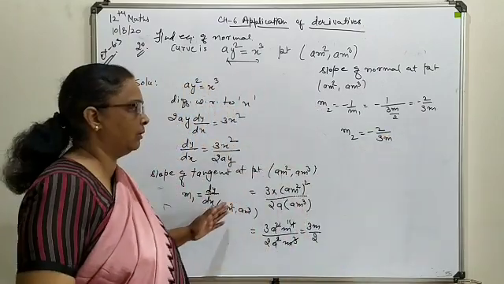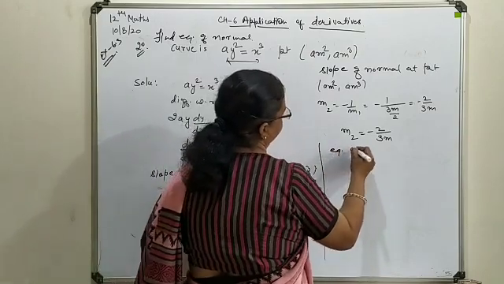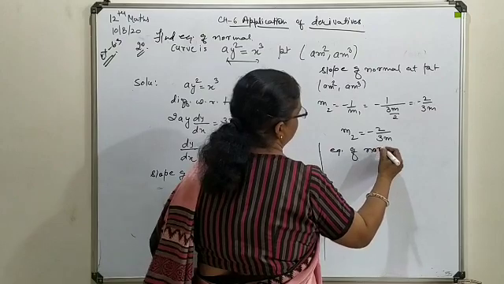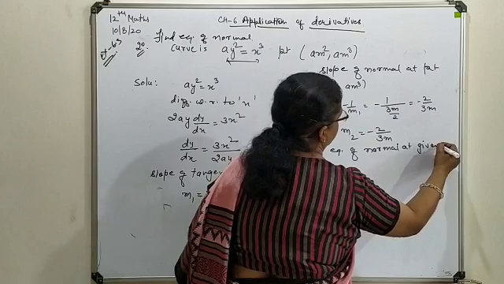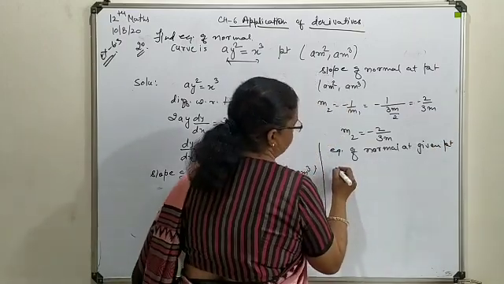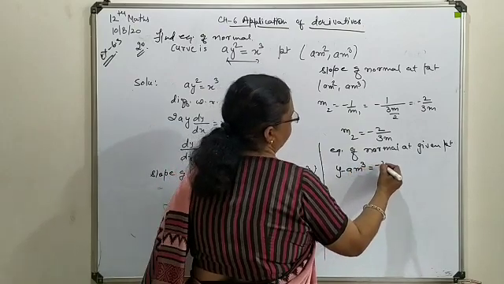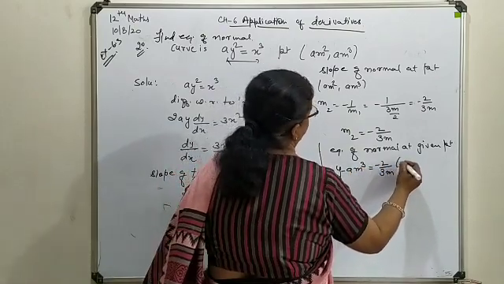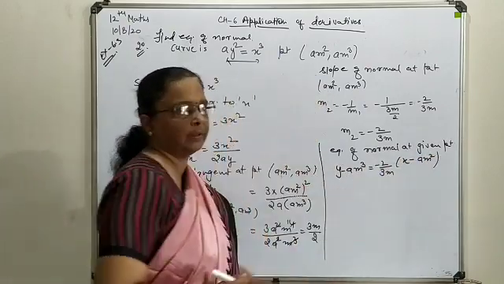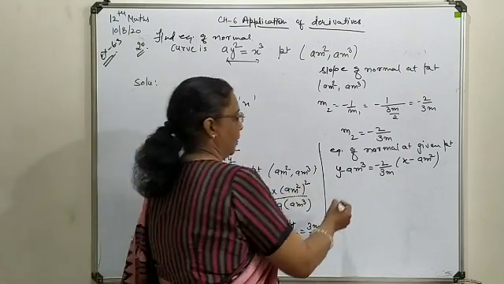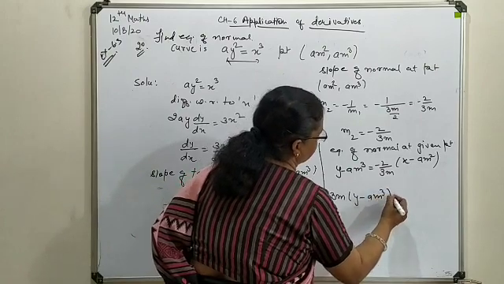Now equation of normal we require here. So next is the equation of normal at a given point. So this is y minus y1, that means y minus am cube, equals minus 2 upon 3m times x minus am square. Make them cross multiply and arrange your terms. So this 3m will multiply to y minus am cube.